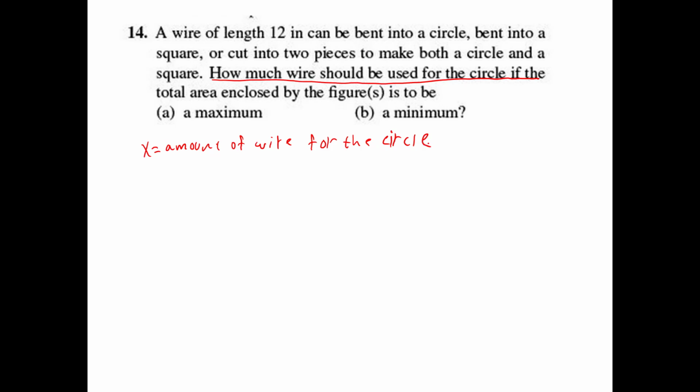And so we're going to take a wire and bend it into a circle and a square. And so we'll let y equal the amount of wire to be used for the square.